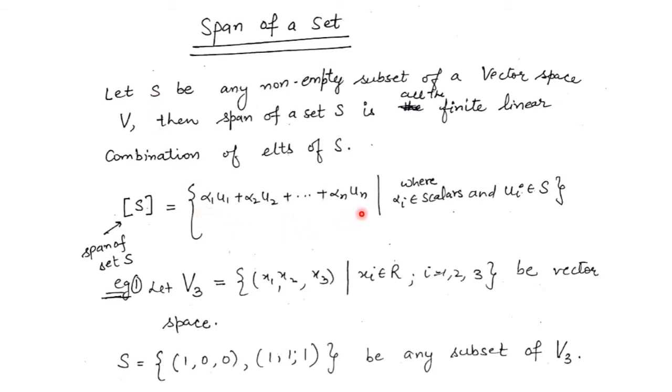So all the finite linear combinations of the elements of S become the span of S. So what is span of S? You take elements of S, you take scalars, now take the linear combination, you will get a new set, and this new set is said to be the span of S.